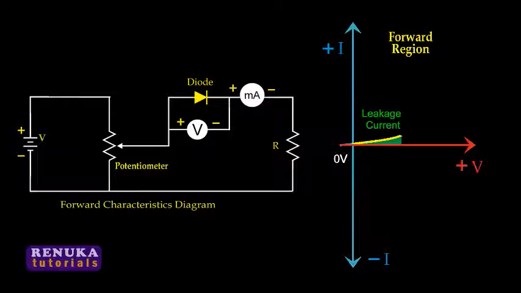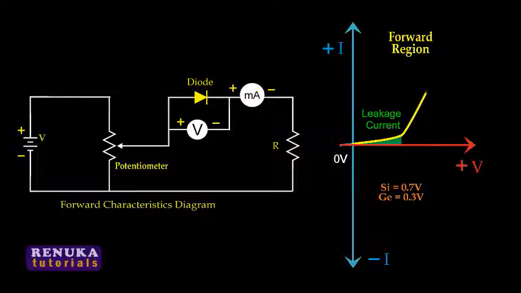So up to reaching the potential barrier voltage, there will be a very small current when the diode is forward biased. If the diode is of silicon type, the potential barrier present in the silicon diode is 0.7 volt. So up to 0.7 volt there will be very little leakage current, and as soon as the applied voltage goes beyond 0.7 volt, you can see in the graph there will be a sudden, rapid increase in the current.